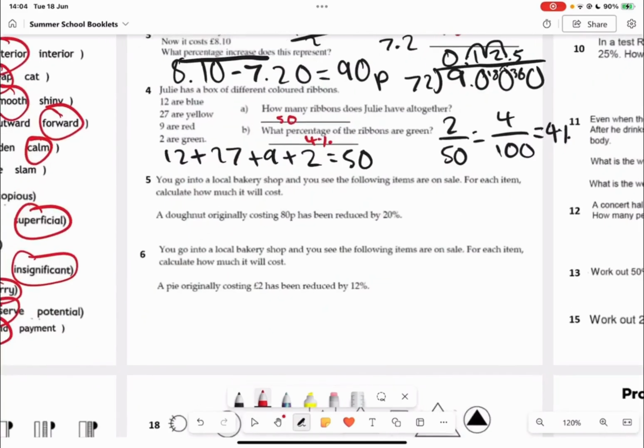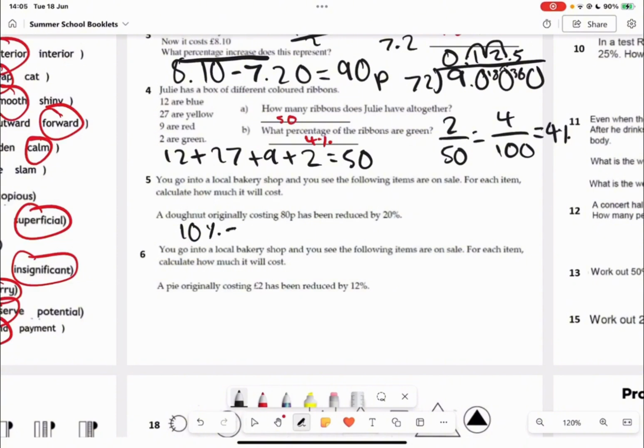Okay, question 5. You go into a local bakery shop and you see the following items are on sale. For each item, calculate how much it will cost. So a donut originally costing 80p has been reduced by 20%. So you have to find the value of 20%, which will be 10% of 80p multiplied by 2. So 10% is equal to 8p because we're doing 80p divided by 10, as 80p is equal to 100%.